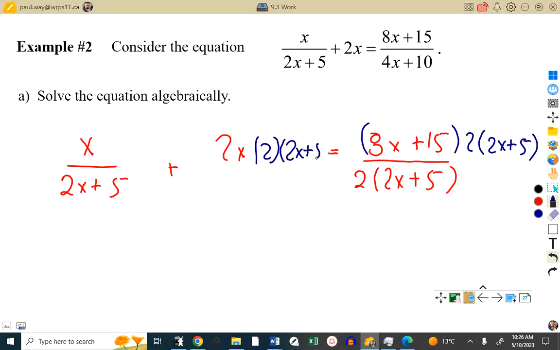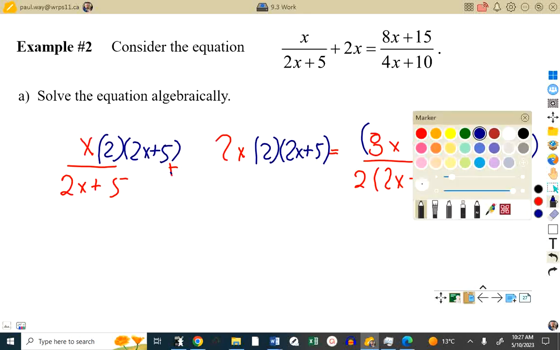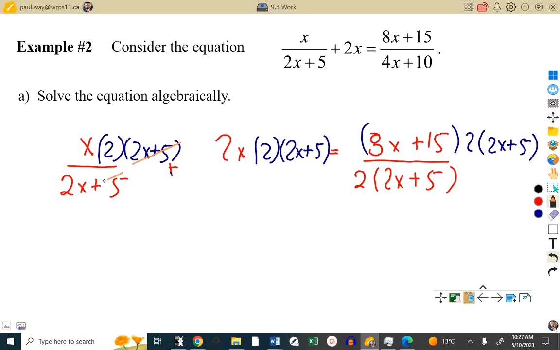And that will clear the 2 and the 2x plus 5 on the right, and it will clear the 2x plus 5 on the left. So what cancels on the left is this, on the right, all of this cancels, and now you're left with an equation you can solve.